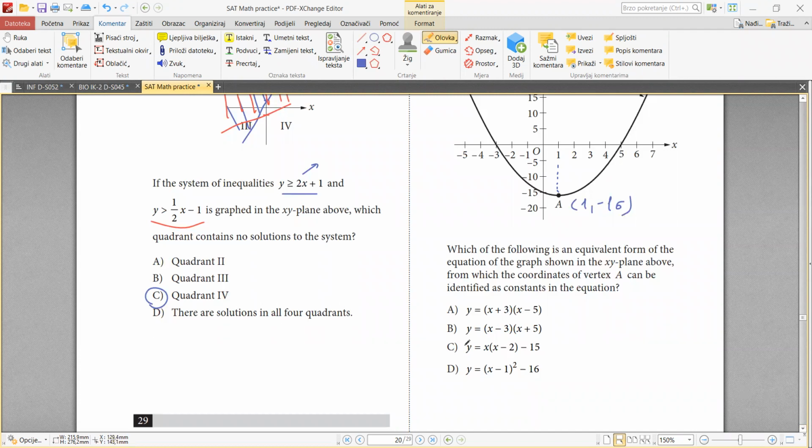And the equivalent form must contain number 1 and number minus 16. This is the vertex form, which is often written this way. And we have vertex coordinates, which are x0 and y0.